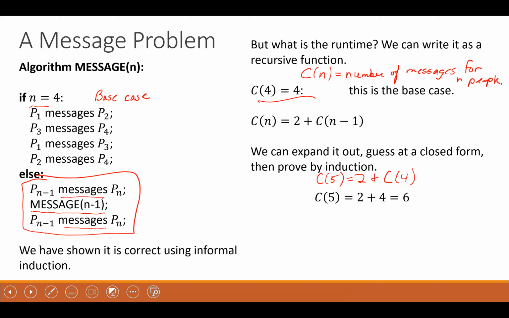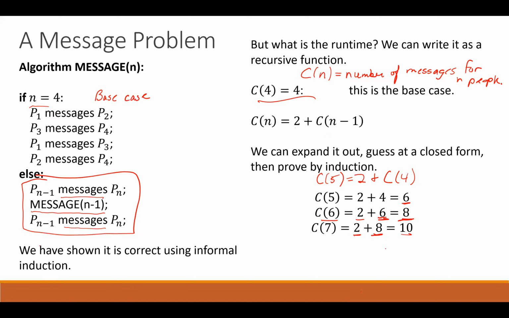And then C6 is equal to 2 plus C5. Well, C5 is 6, so I plug that in down here. So this is equal to 8. C7 is equal to 2 plus C6, which is 8, and that becomes 10.